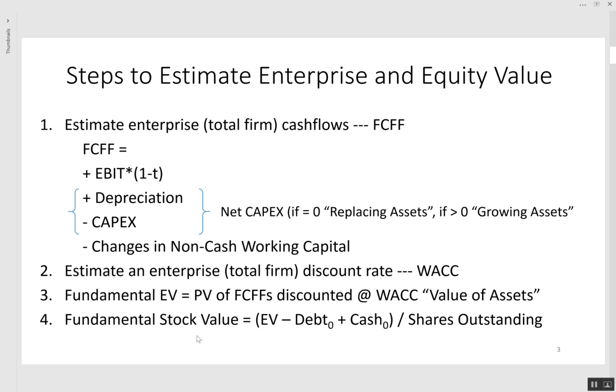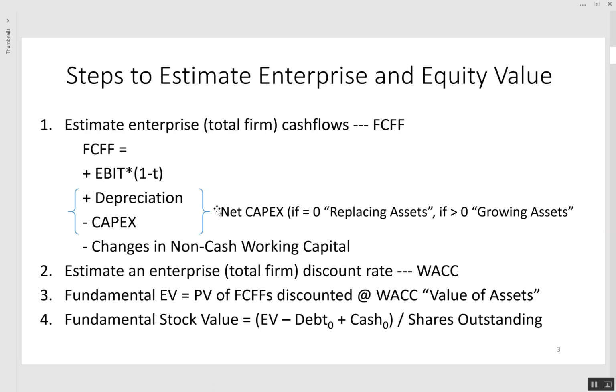So here are the steps to estimate the enterprise value and equity value of a firm. Step 1, you want to estimate the enterprise cash flows, also called the free cash flows to the firm. Now, the free cash flows to the firm from topic 1 are the earnings before interest and tax, subtracting out tax by multiplying times 1 minus the tax rate, adding depreciation and subtracting CapEx.